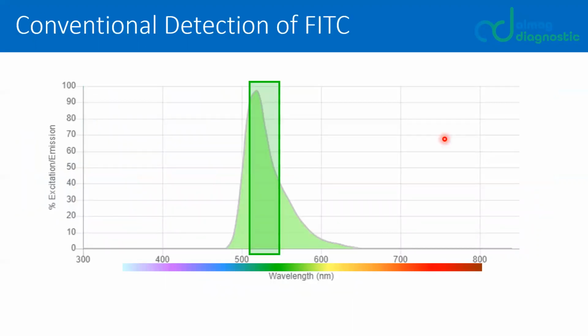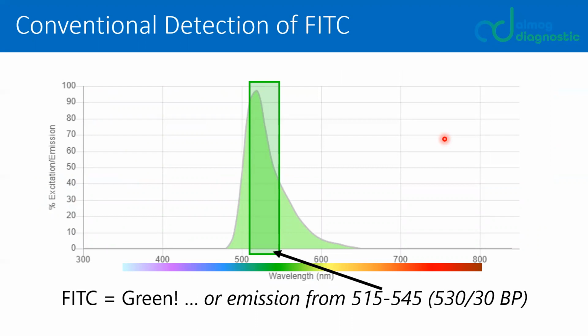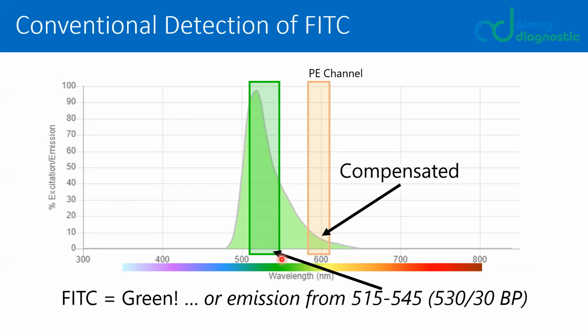Let's take, for example, FITC's emission spectrum and the detector bandwidth. You can see here that the detector collects only the peak emission. It makes us assume that FITC is green. Anything that is outside of the detector is either being compensated or ignored.